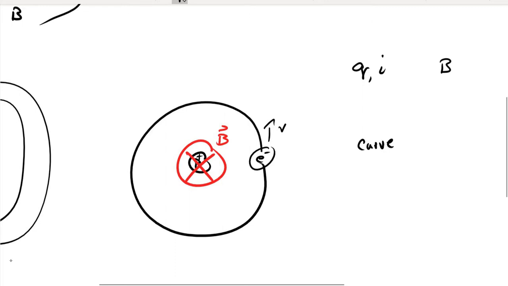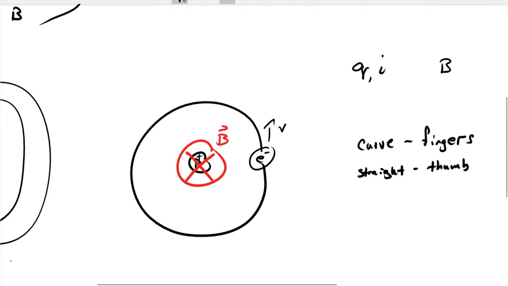And whatever is moving in the curve in the diagram, that's going to be the curvature of your fingers on your right hand. And then whatever is moving in a straight line is going to be your thumb.